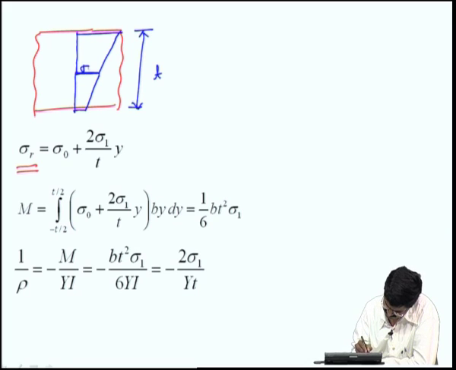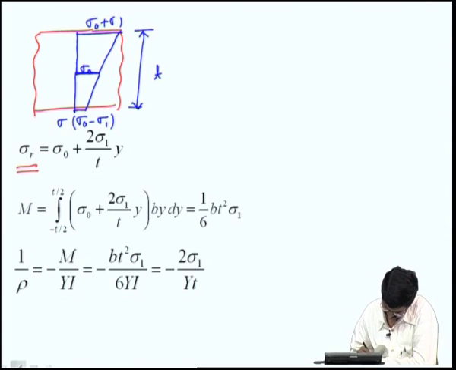So, this is sigma naught, this is sigma naught plus sigma 1, and this is sigma naught minus sigma 1.